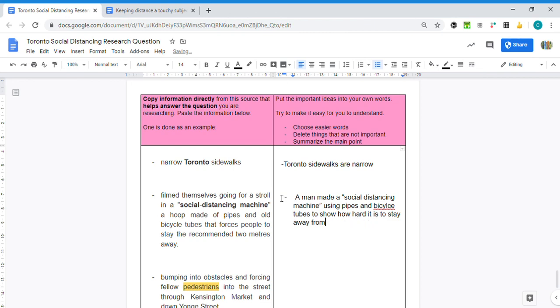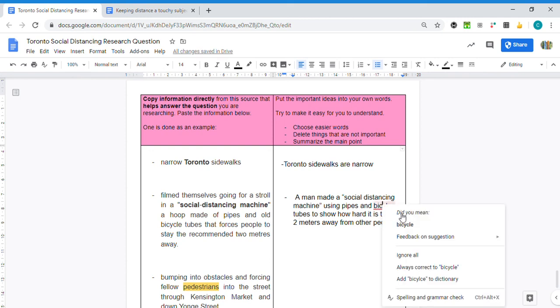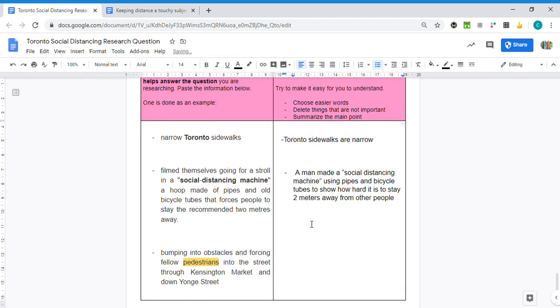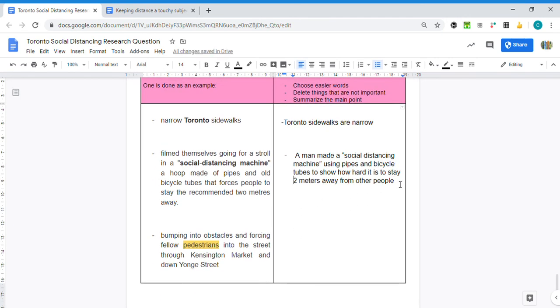Oh, to stay 2 meters. That makes more sense. 2 meters away from other people. Okay? Now, so that's the idea, is that you're just putting it into your own words, okay?